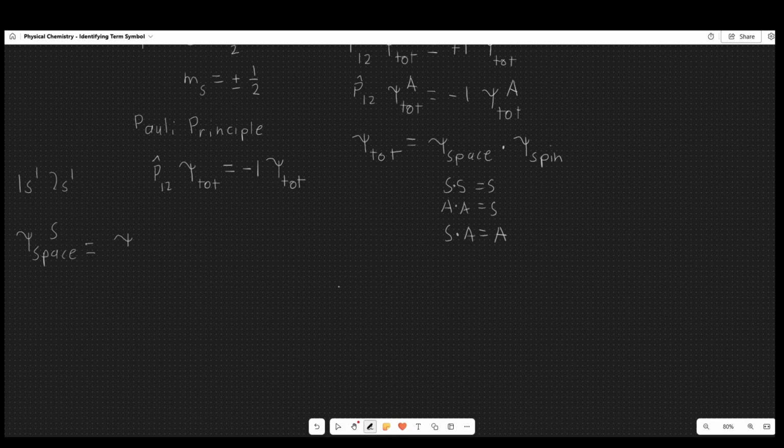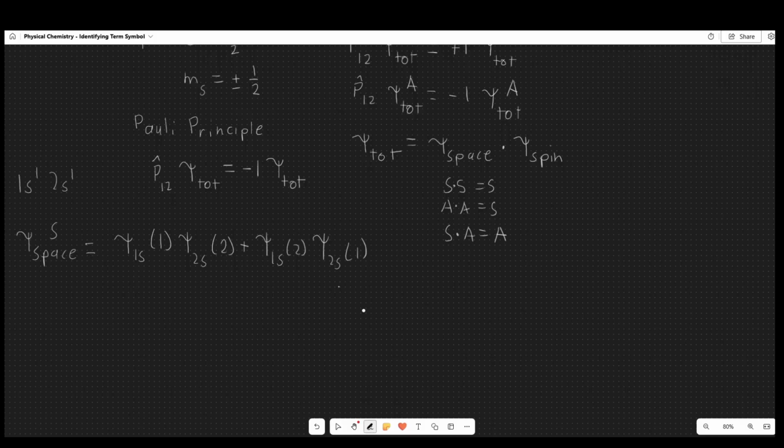It would be psi 1s of the first electron times psi 2s of the second electron, plus psi 1s of the second electron times psi 2s of the first electron. If it was antisymmetric, we swap out this plus with a minus. That's what makes it antisymmetric.